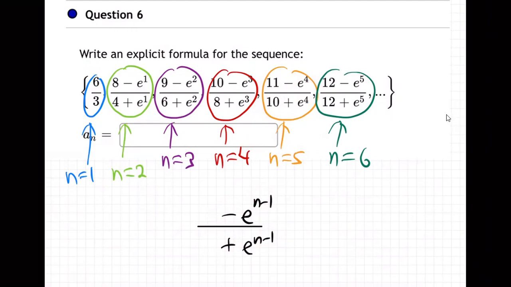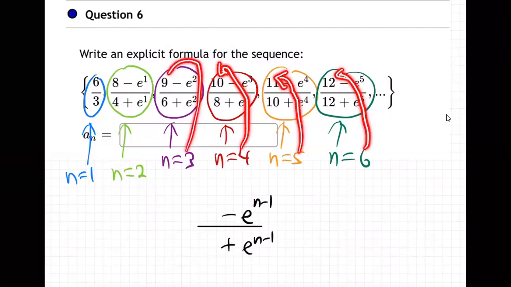Okay, now what about the numbers in the front, like 12, 11, 10, 9, 8? Well, again, look for the connection. I'm just doing the numbers on the top first. 5 and 11, 6 and 12, 4 and 10, 3 and 9, 2 and 8. What's the connection there?